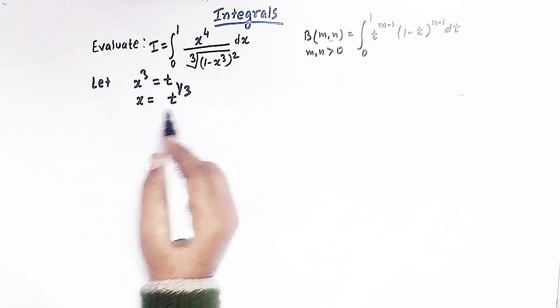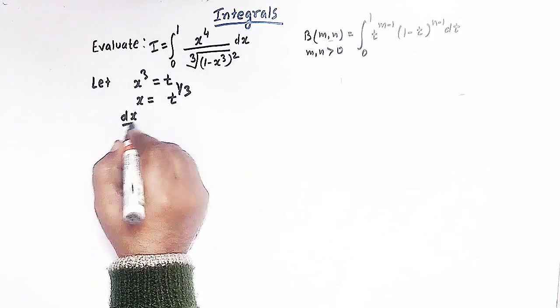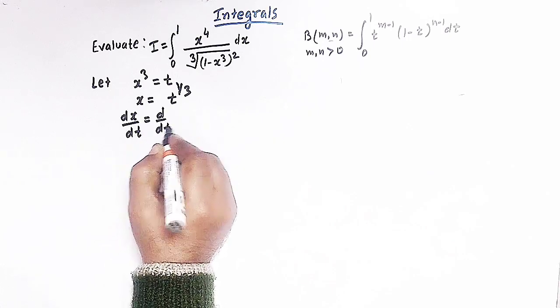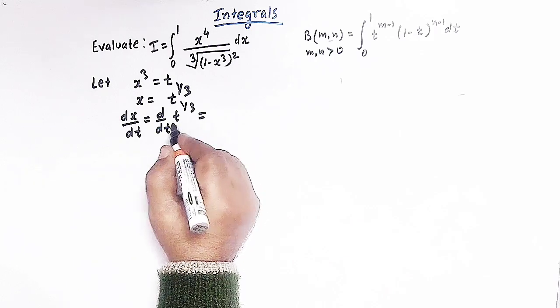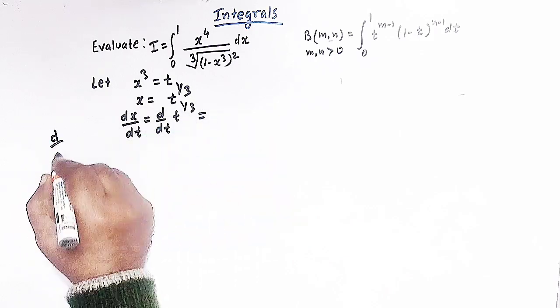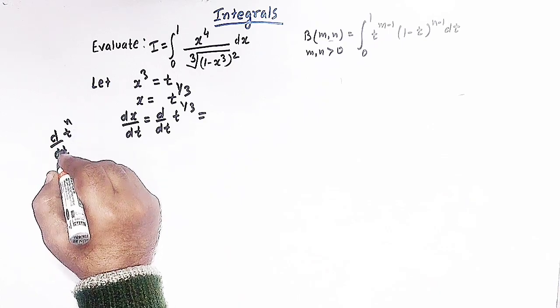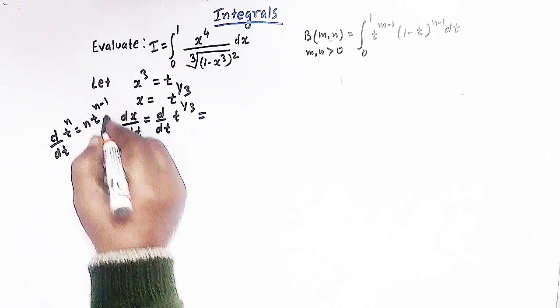So let us differentiate x with respect to t. So we can now write dx over dt is equal to d by dt of t raised to 1 over 3, and using the power rule for differentiation, we know that the derivative of t raised to n with respect to t is n times t raised to n minus 1.